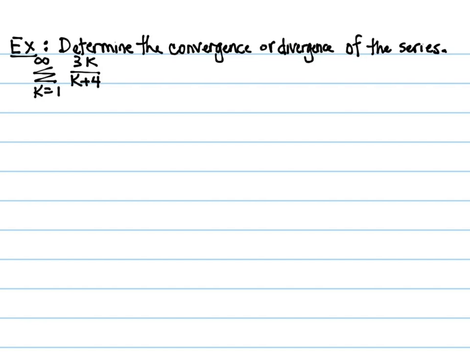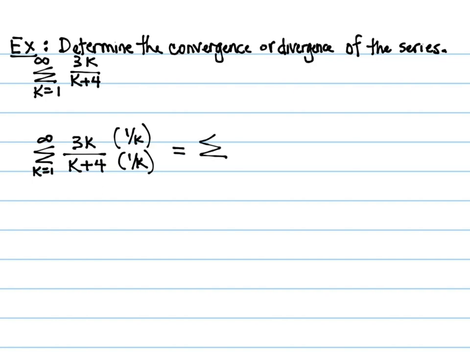Let's actually show that. There's lots of ways you can show that. If you like L'Hopital's rule, more power to you, you can use it. If you like ratios, that's what I'm going to do. So if I multiply by 1 over k, top and bottom, then this gives me 3 over 1 plus 4 over k.